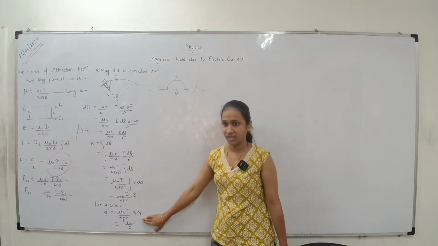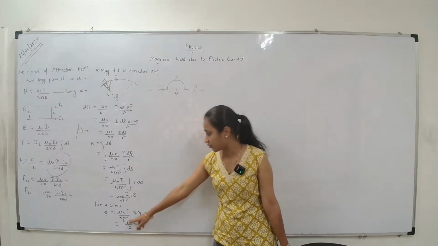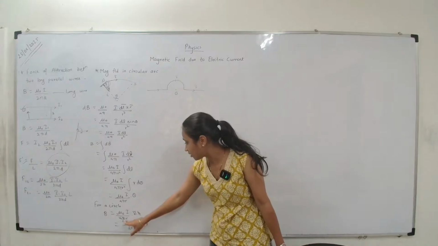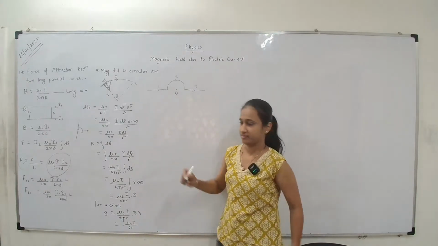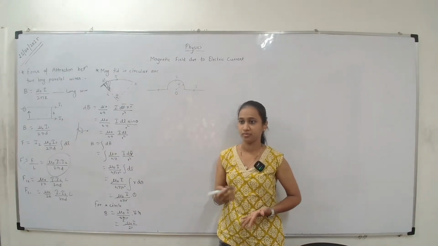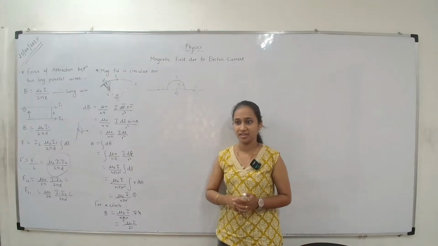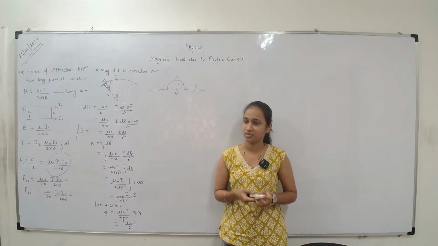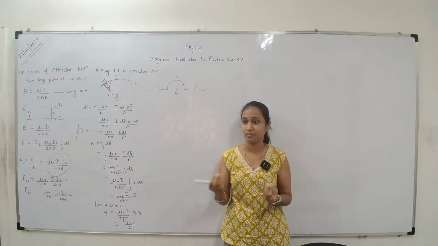For the full circle we put 2 pi here; what will we put for the semicircle? Pi. Then the 2 will remain, sorry, the 4 will remain as it is. What will the answer be? Mu naught I upon 4r. That is your answer, if you have been given the radius. I said it so briefly because in MCQs it comes in this type. Otherwise you can write it out, because theta is the angle between current and the length element. The length element will be parallel, not perpendicular to the distance. So sin 0 is 0 for the first and third section. For the second one, you have to elaborate the whole answer for the semicircle only.